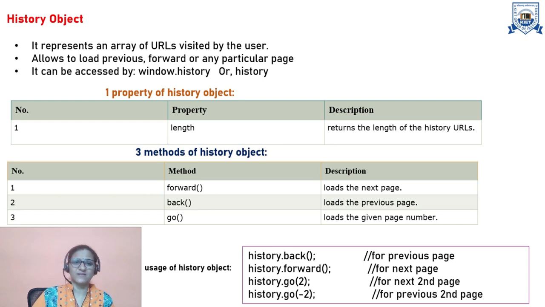Now the history object. It represents an array of URLs visited by the user. Till now, how many web pages and websites we have visited, it keeps track of all that. With the help of this history object, as the history is kept there, we can load the previous page, move forward, or go to any particular page.